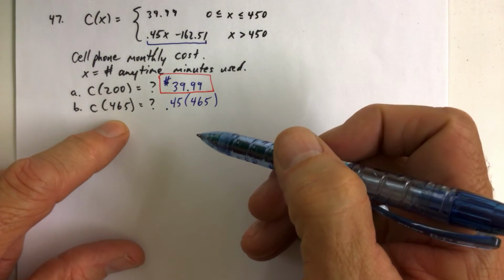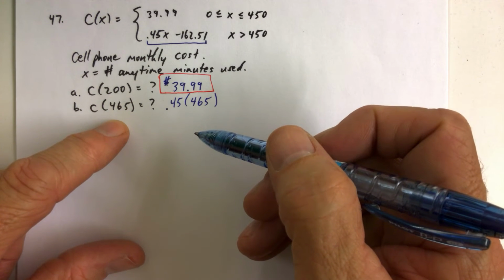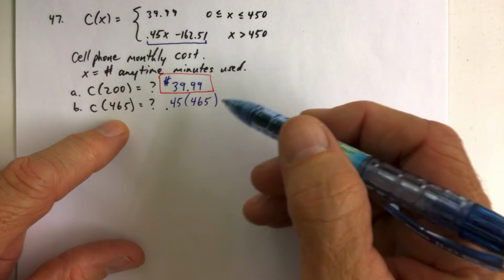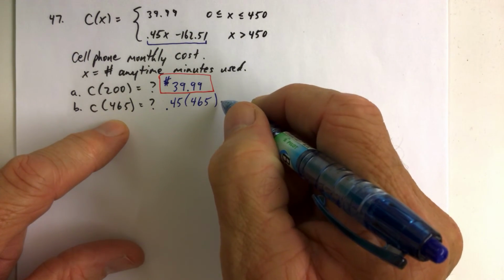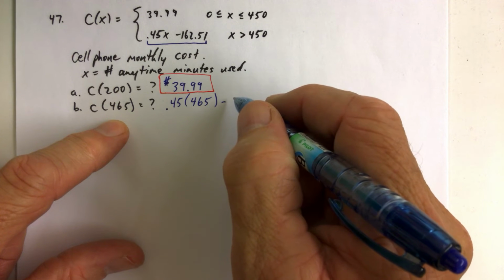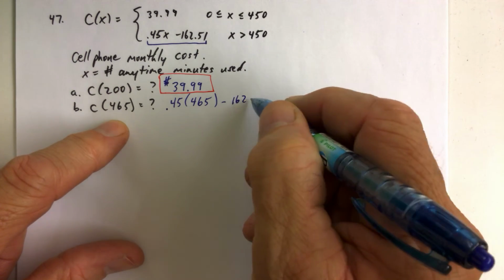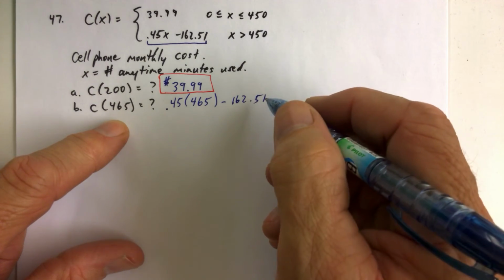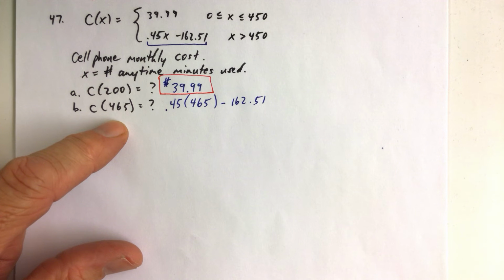I think the 45 cents is the cost per extra minute over 450. So you've got 45 cents times the 465 anytime minutes minus, and then they have you subtract $162.51. I don't remember why it's that way, but you can read the problem if you want to know.